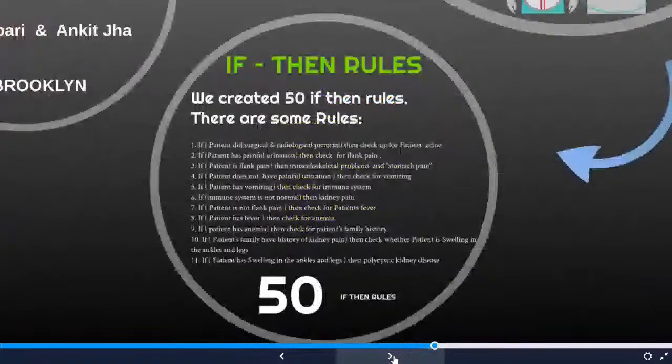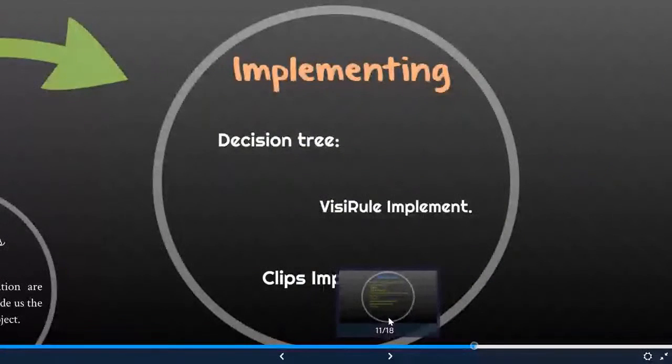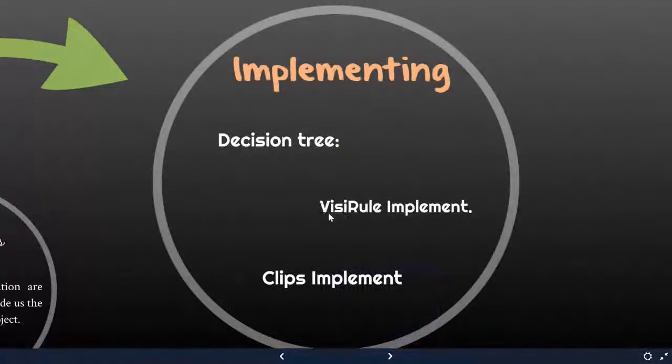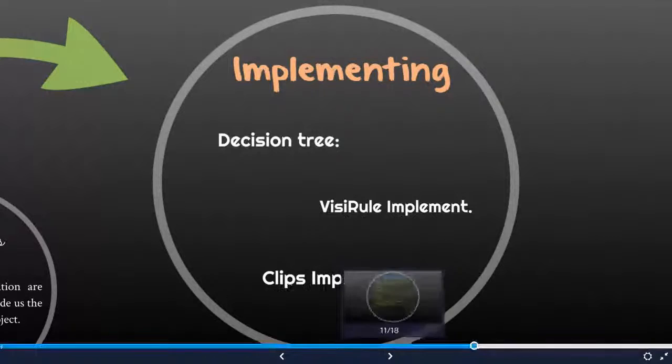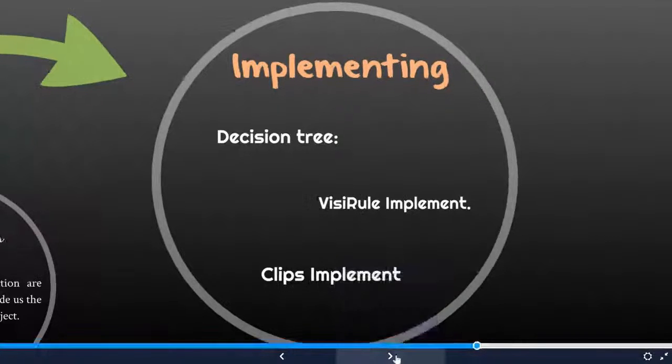This is the implementation. I will show you the visual rule implementation and the CLIPS implementation.